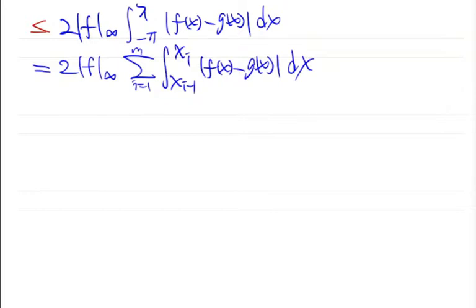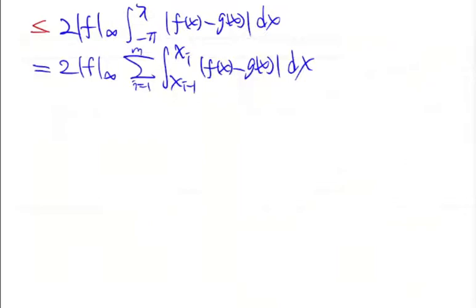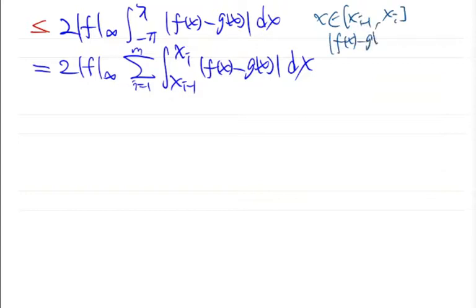But in the subinterval [x_{i−1}, x_i], the supremum of |f − g| will not be greater than ω_i. So this property implies that for x in [x_{i−1}, x_i], |f(x) − g(x)| is not greater than ω_i.